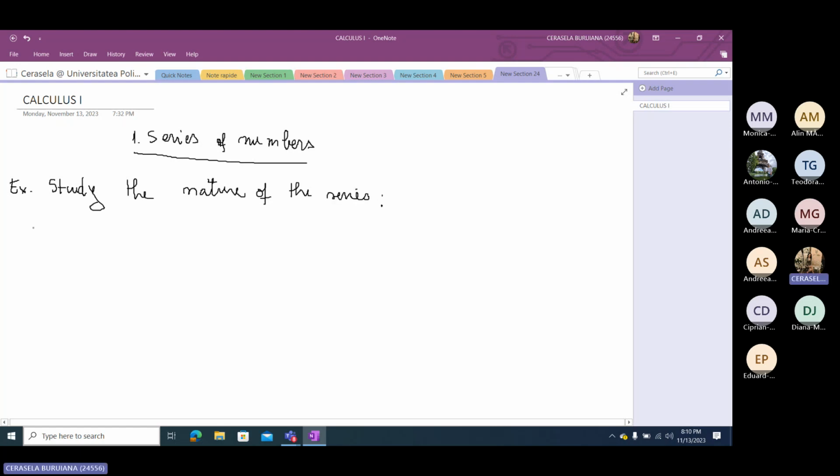I will do it in the following way. I will write the series and for it establish the nature. Okay, so let's take first the series of general term 1 over n times root of order n from n. Then let's see what we can do here.